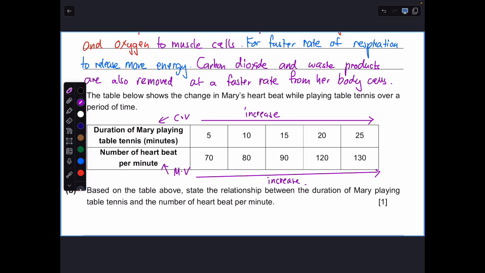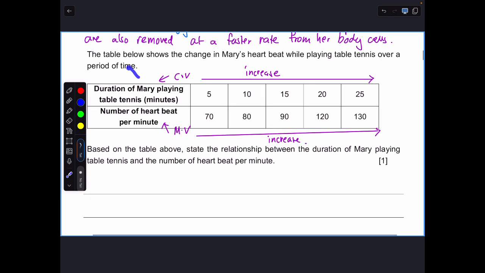So remember, I told you need to talk about how change variable affects measured variable. So from here, an increase in duration of Mary's playing will increase the number of heartbeat per minute. Copy, cut, and paste. Don't go and invent your own label. Write it as it is.